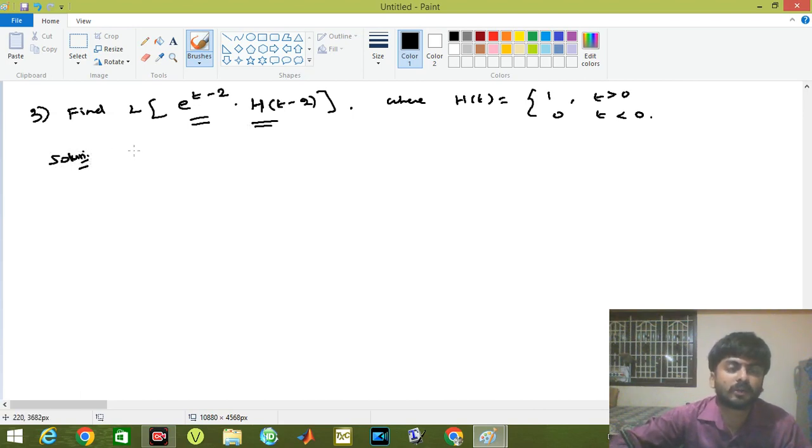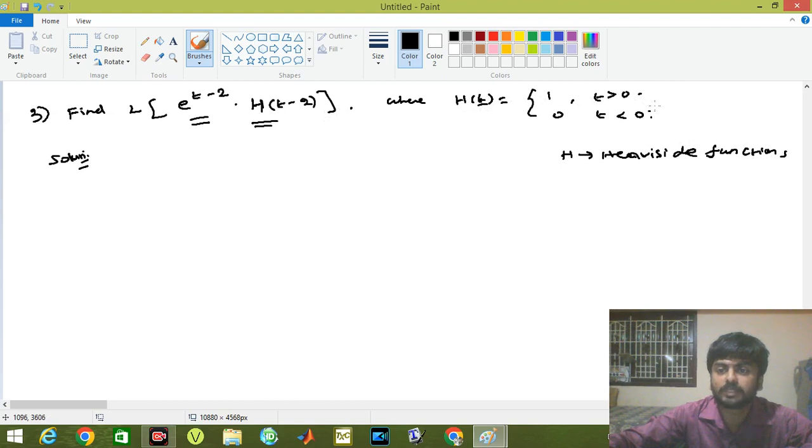So here we are going to consider a property. Before that, what is this h? This h is called the Heaviside function. Why is this function considered?